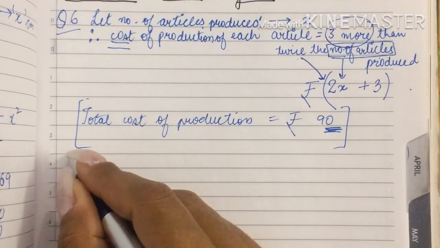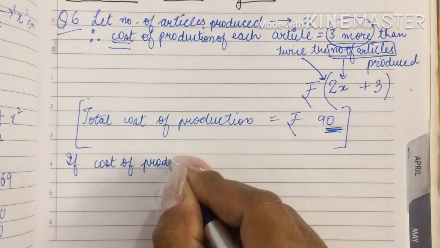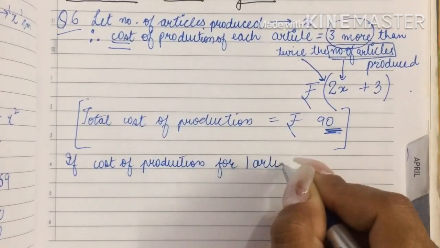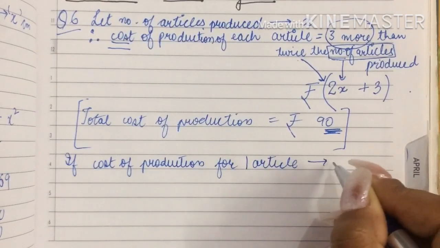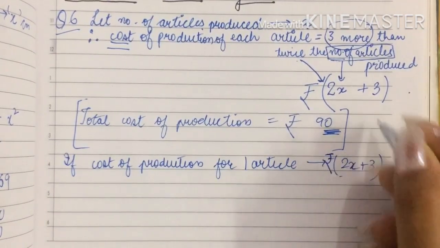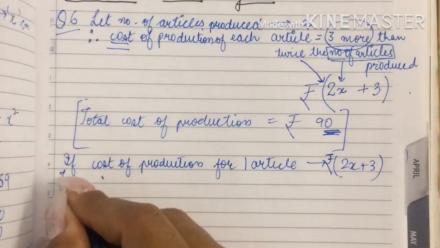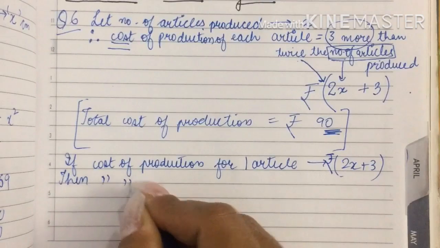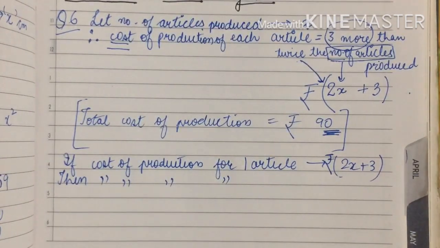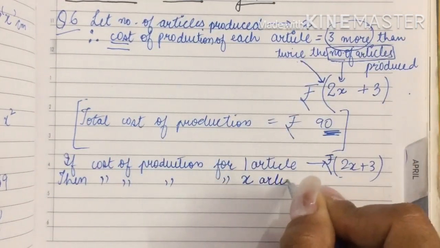So if the cost of production for one article is 2x plus 3 rupees, as I obtained here, so this is the cost for 1. Then the cost of production for how many articles were produced that day, that is also assumed as x.